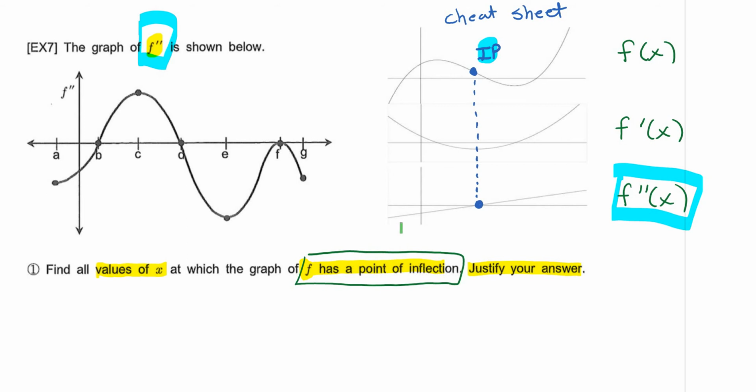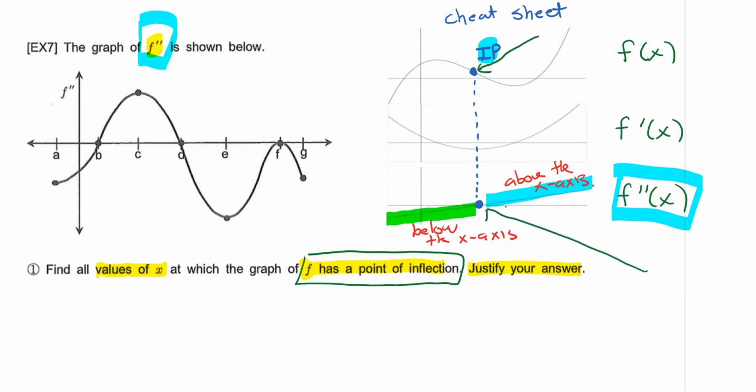Well, what's happening is I'm going from below the x-axis to above the x-axis. Okay, so if the original graph has an inflection point, which is this point right here, then the second derivative graph behaves in a way where the graph is going from below the x-axis to above the x-axis.